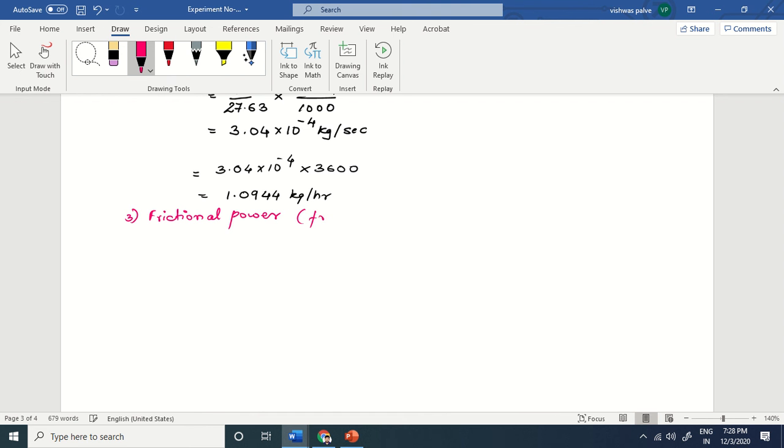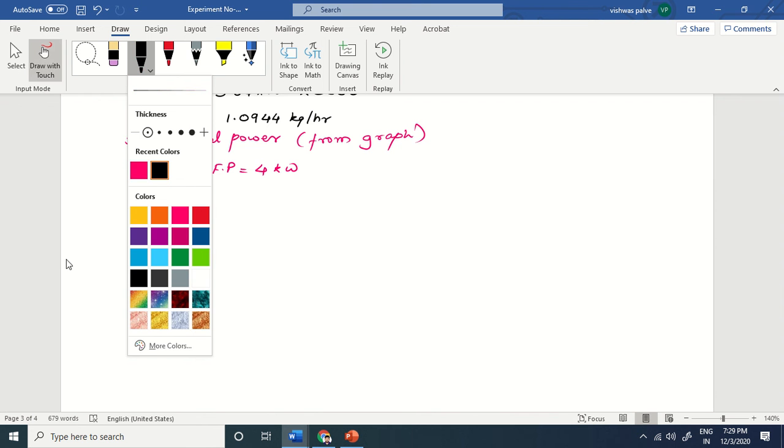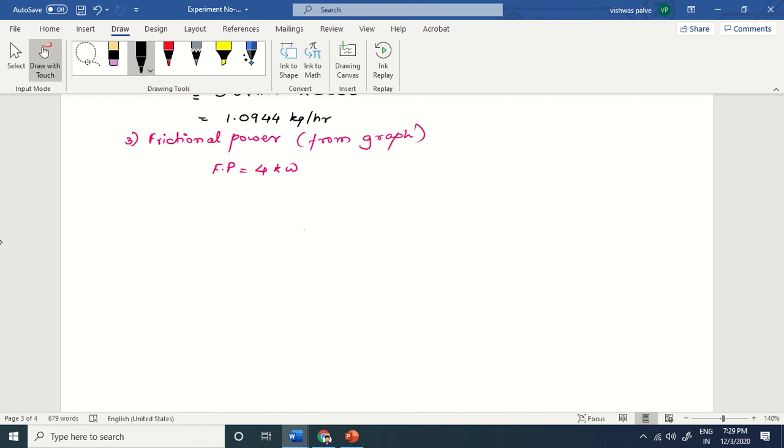I'll write here, from graph, that frictional power, FP, is 4 kilowatt. Next, I change the color now. This value is just based on a formula. Everything else you have to calculate by formula. Now next you have to calculate the indicated power.